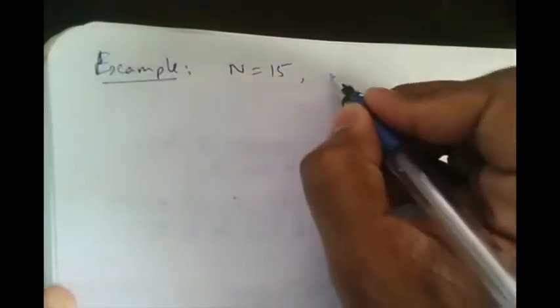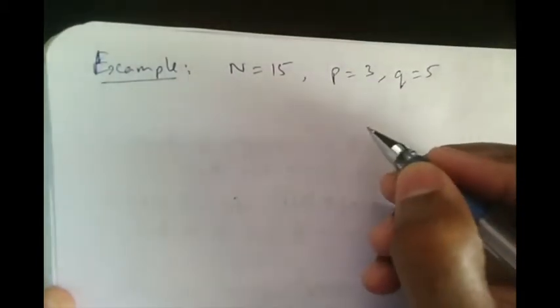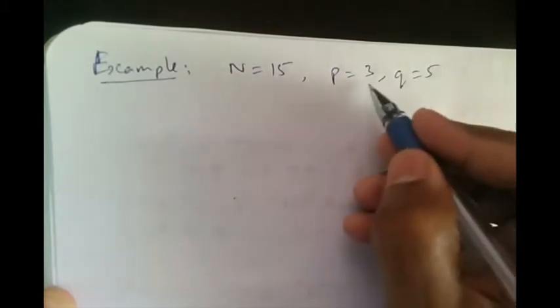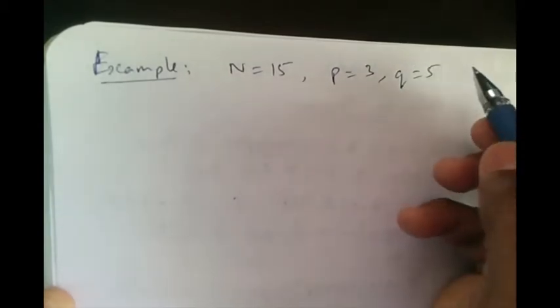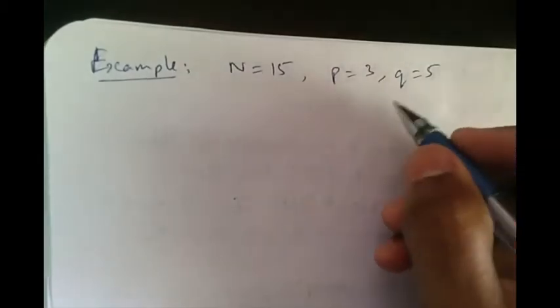So let's consider n equals 15. So p is 3 and q is 5. They both are integers greater than 1, and the GCD of 3 and 5 is 1. So the hypotheses of the theorem are satisfied. So what is it saying?